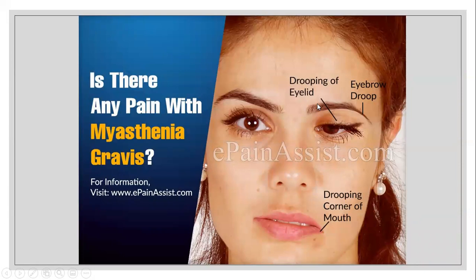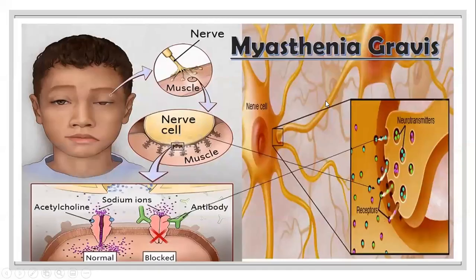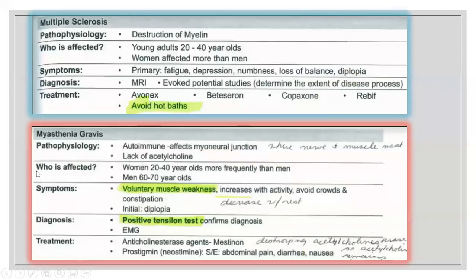Also problems with speaking, swallowing, or chewing, drooping of the corner of the mouth, drooping of the eyebrows are common symptoms of myasthenia gravis. So how do we diagnose? A positive Tensilon test confirms the diagnosis.